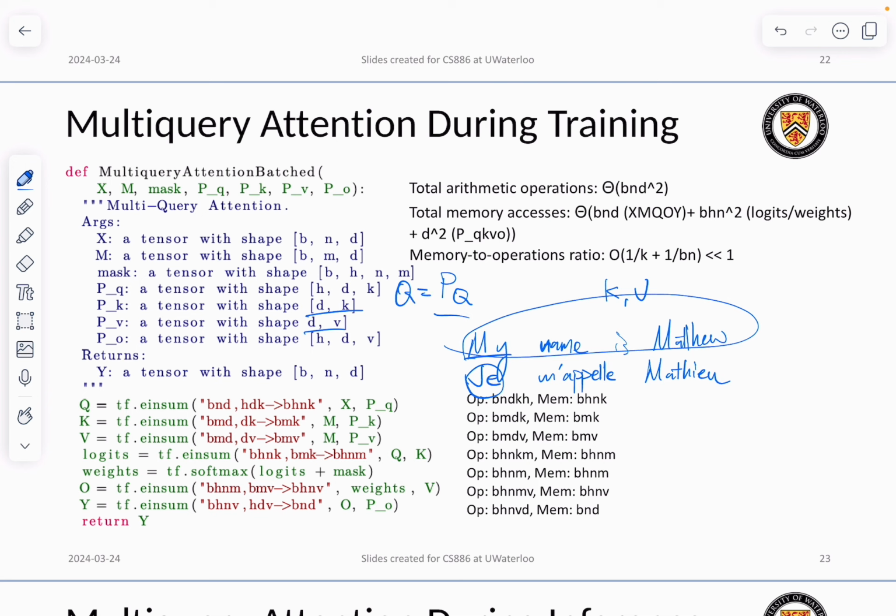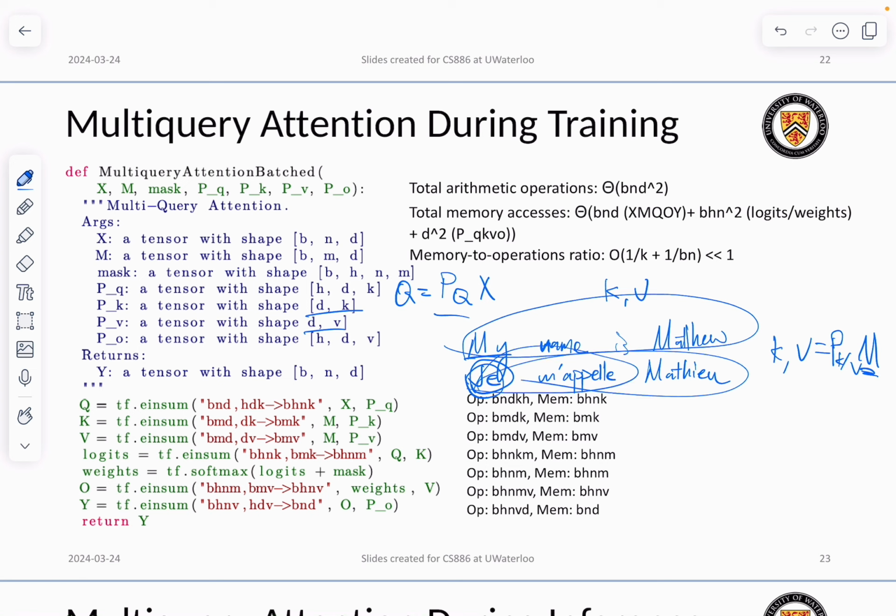Q equals PQ times X, but K and V are going to equal PKV multiplied by M. This M is going to keep on changing. The input to our decoder keeps changing, because after the first word we have je, and then we have m'appelle, and then we have je m'appelle Mathieu. So we're going to have to keep on reloading this K and V, and that's where the bottleneck comes from.